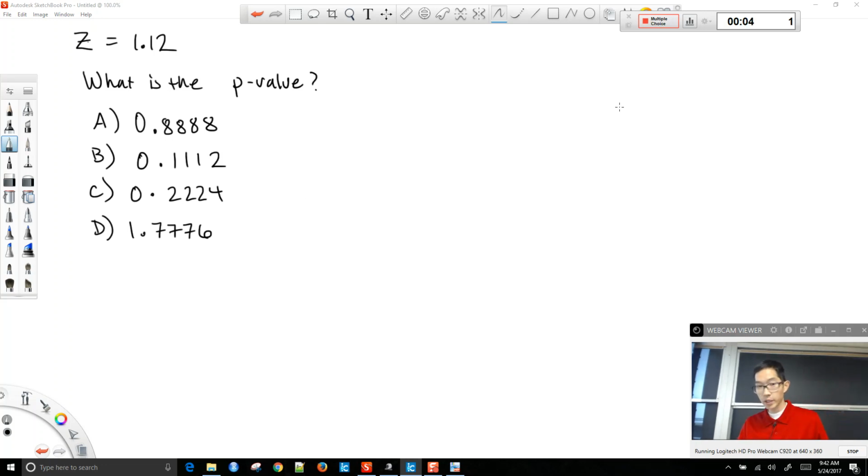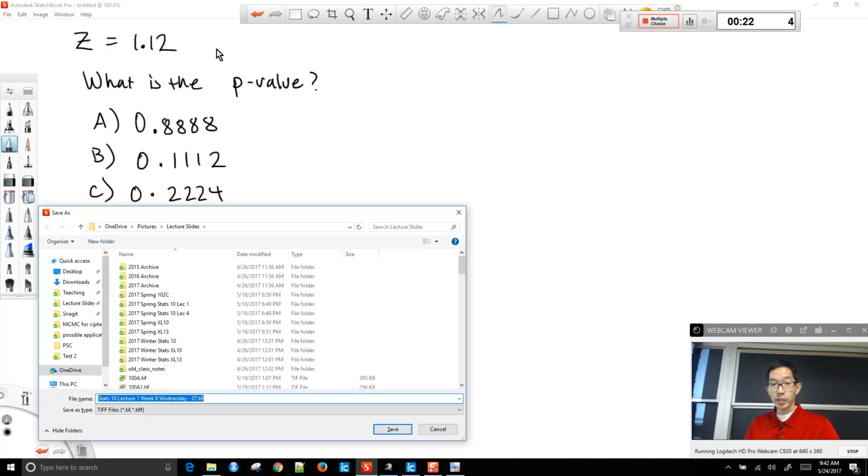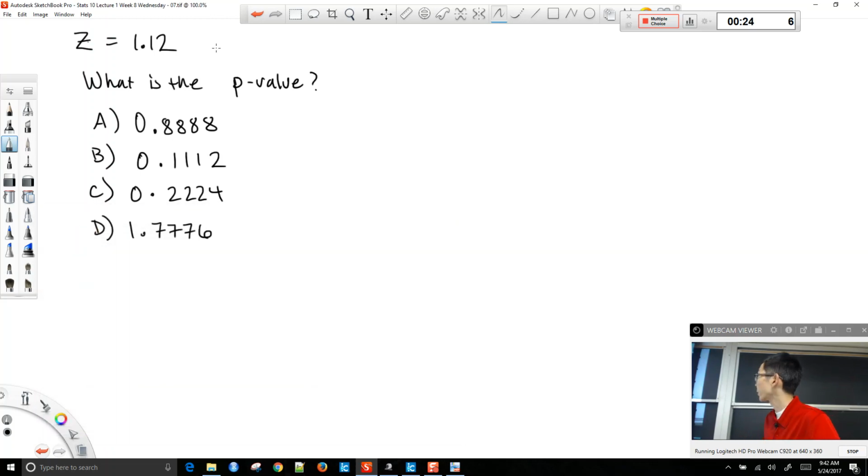Go ahead and decide what the p-value is. What is the p-value? We found in the earlier step our z-score, so based on the z-score, what is the p-value?